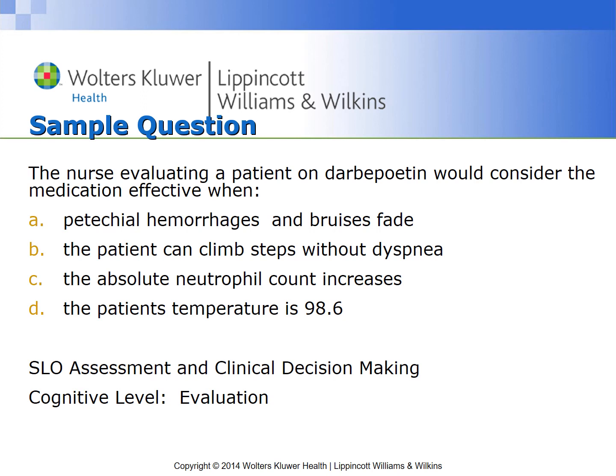Is that having to do with our red blood cells? No, it has to do with our white blood cells. And D, the temperature is 98.6, which is a normal temperature. But does the temperature have anything to do with darbepoetin? No. So the answer is B.